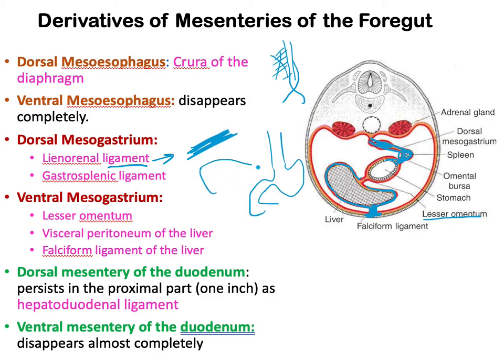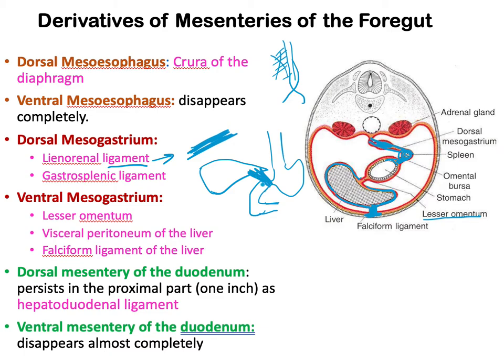So this is the liver, this is the duodenum. Anyway, the dorsal mesentery of the duodenum: the duodenum is a retroperitoneal structure, except in the first part, which connects the duodenum to the liver.